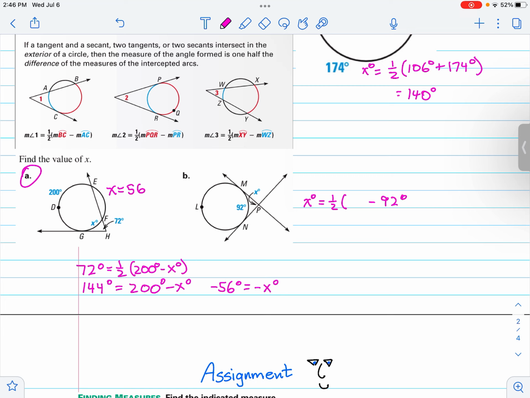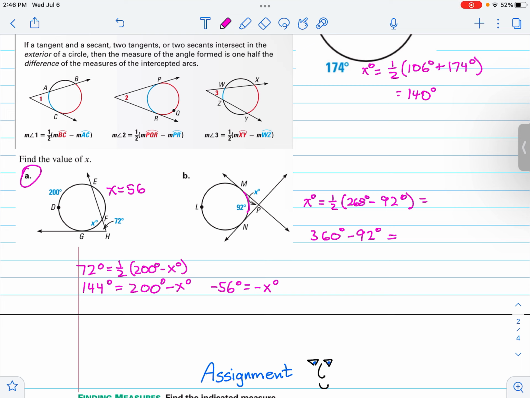That something is 360 minus 92, because those two arcs make up the whole circle. 360 minus 92 is 268.